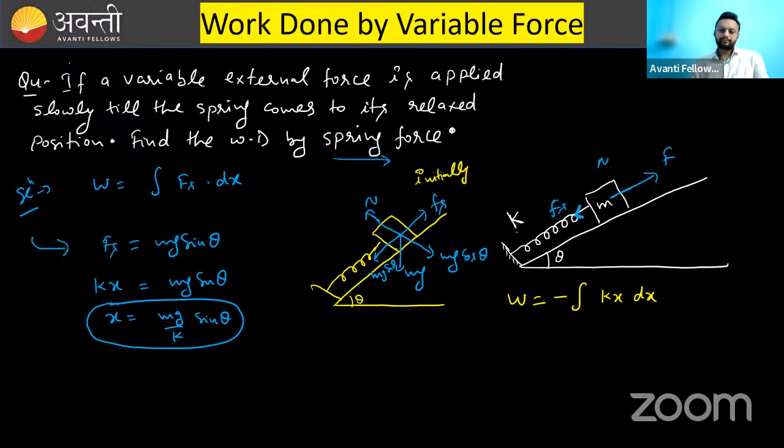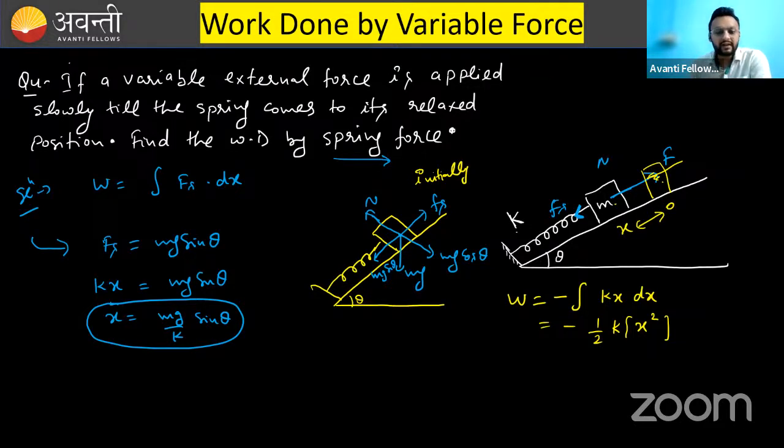What are the limits? It will become minus half k x square, with limits. Like this one, it will be moved to here. From this position to this is the original zero position, and this is x that we have displaced it.